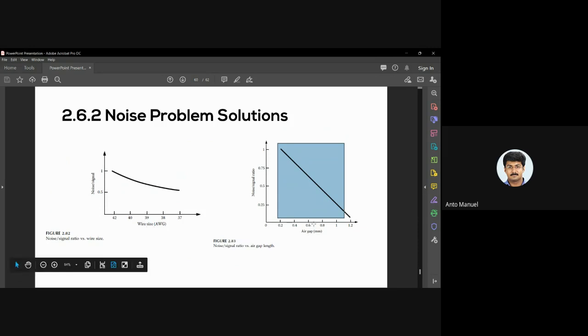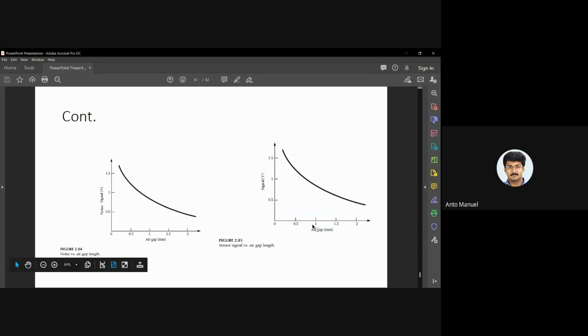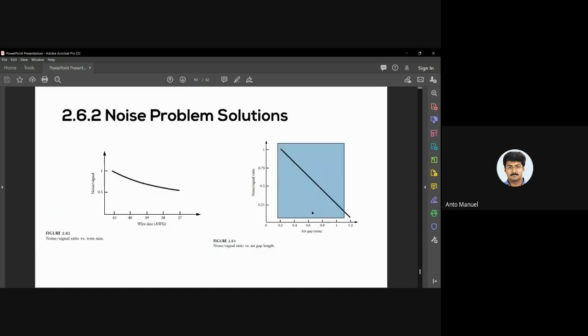This is how we can rectify the noise affecting your system for the magnetic sensor.